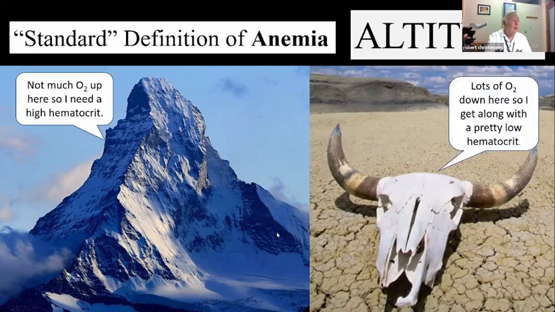And at higher altitudes where there's not as much oxygen, people acclimate to needing a higher hematocrit to transport adequate oxygen to their tissues. Whereas in Death Valley, there's lots of oxygen and people get along with a considerably lower hematocrit. So in assessing what hematocrit defines anemia, the altitude at which the patient lives is relevant.